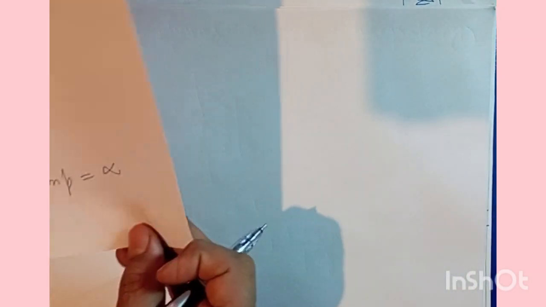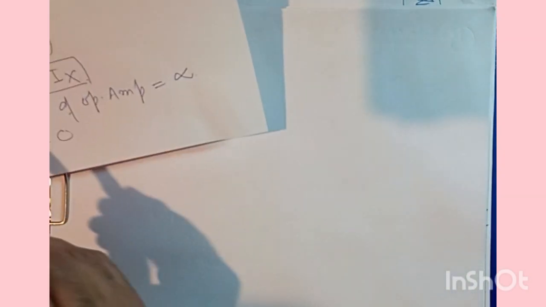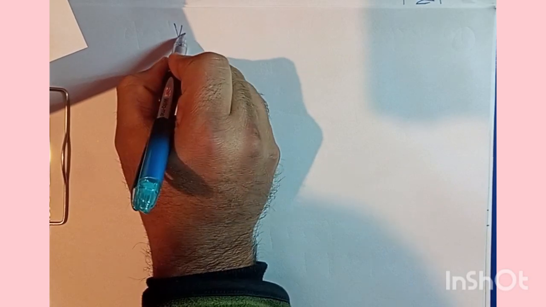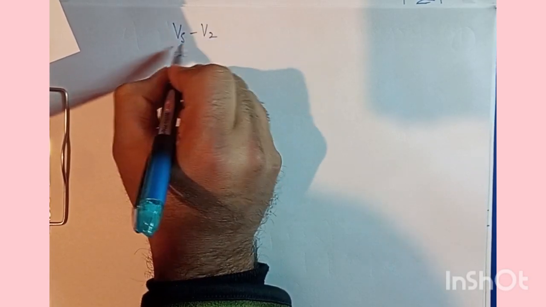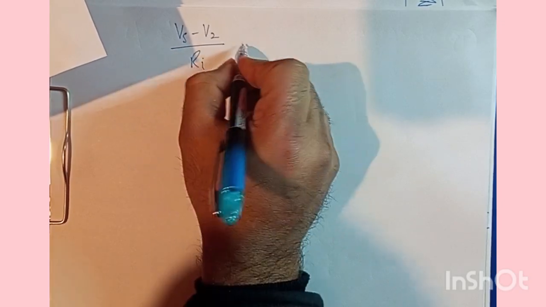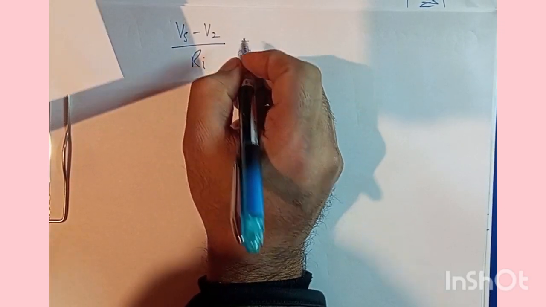Now for I, I can write Vs minus V2 upon Ri, and this is equal to IF.